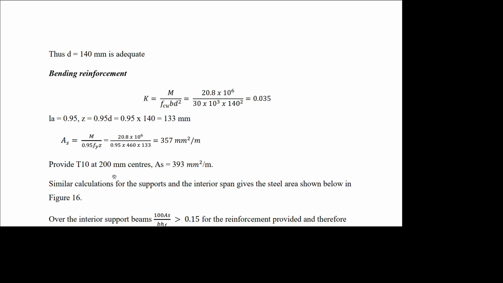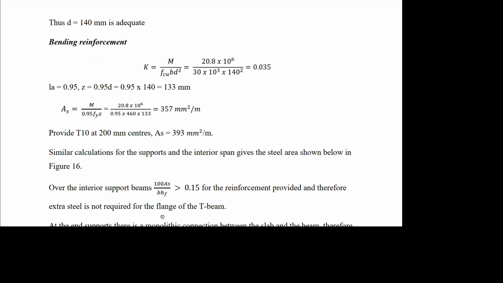So you now calculate your As, which equals M over 0.95 fy Z. Please note, the other time we had 0.87 here, which is the old code. It has been modified to be 0.95, but both are applicable. If you use 0.87 or 0.95, it is acceptable.